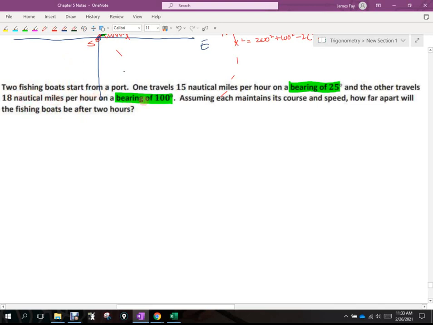The way that we deal with angles is a little bit different. We go from standard position being the positive x-axis. When I talk about a bearing, it's actually the positive y-axis, or the north direction.